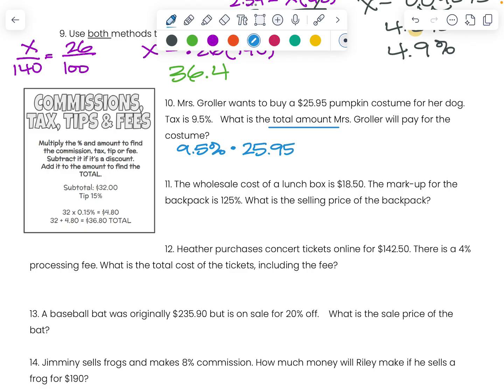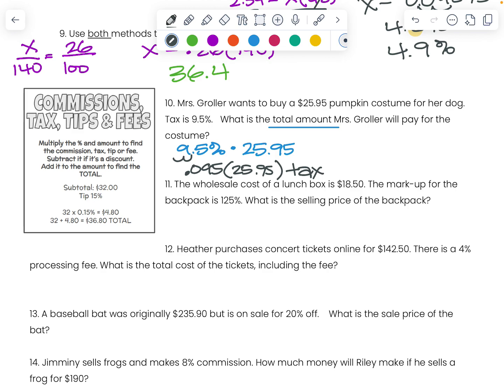Okay, so change this to a decimal. All right, 0.095 times 25.95. That's going to get us our tax.